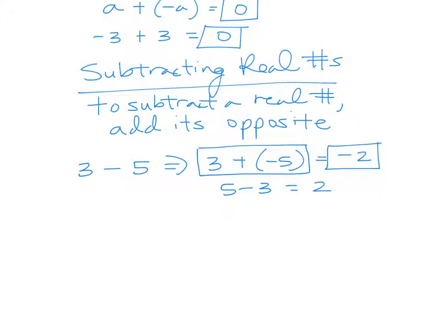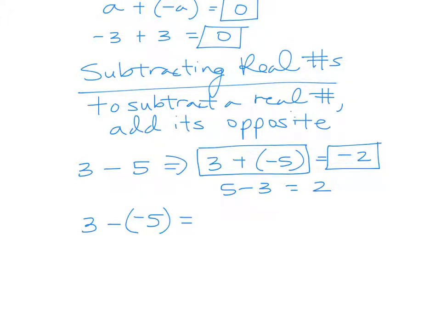Okay? Same goes here. What if it's 3 minus a negative 5? Instead of subtracting, I can add the what? Opposite, right? So if I'm adding the opposite, minus a negative, you will hear me say this a million times in this class. Are you ready for it? Oh, yeah.